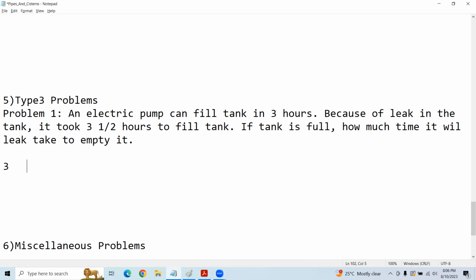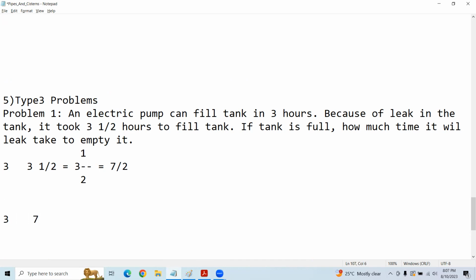But here they have given us 3 and 3 1/2. 3 1/2 is a mixed fraction. When you convert this mixed fraction into a normal fraction, 2 into 3 is 6, plus 1 is 7. That is 7/2. So now our goal is to find the LCM of 3 and 7/2.